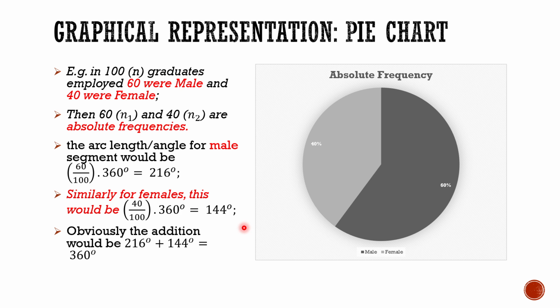It is very important to mention here that the angle for female is actually 144 degrees, and the angle for male is actually 216 degrees. So the arc length or the angle is proportional to the absolute frequency here. You should keep this in mind, that first you calculate the angle, then you plot your pie chart.